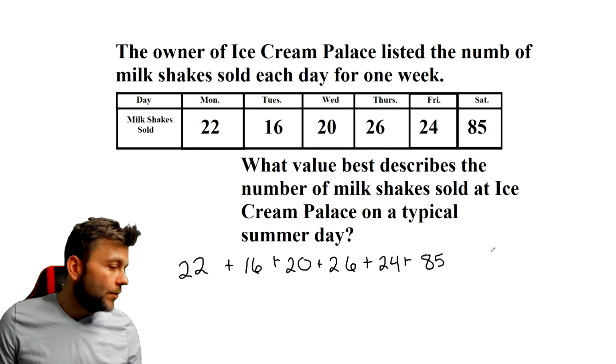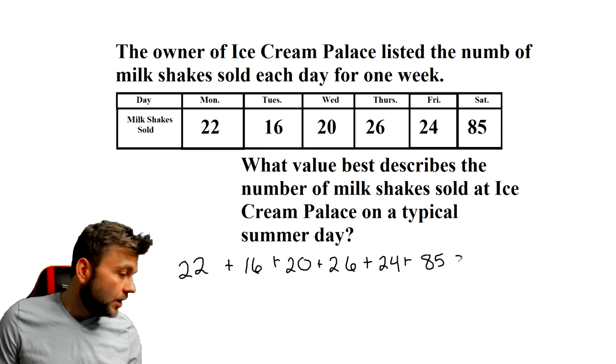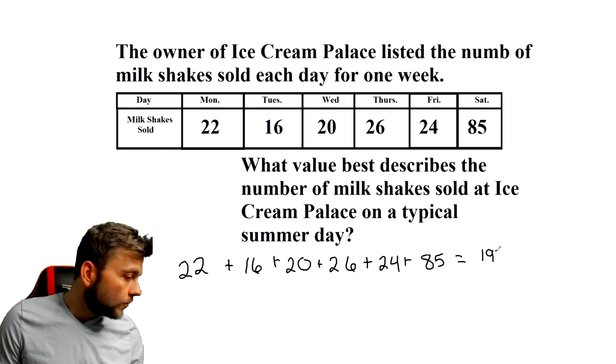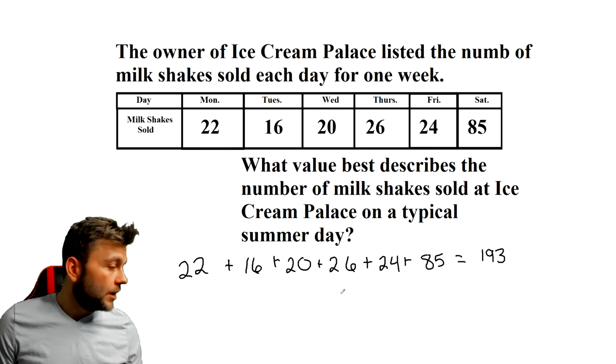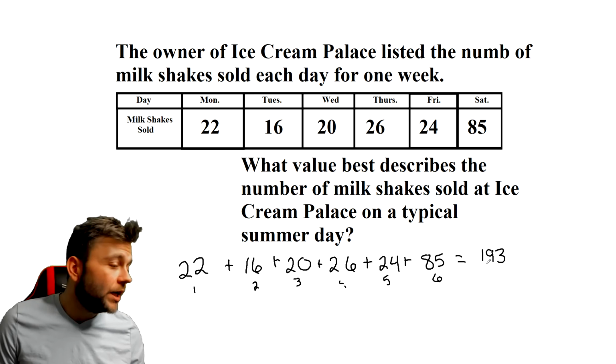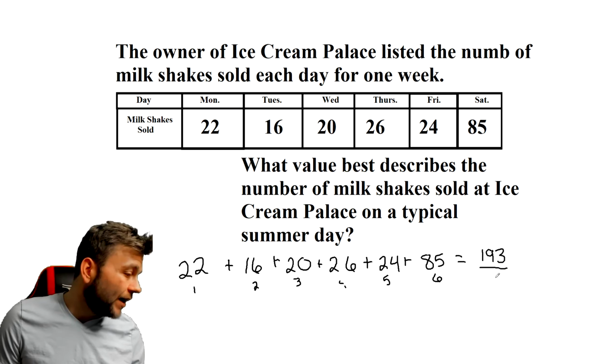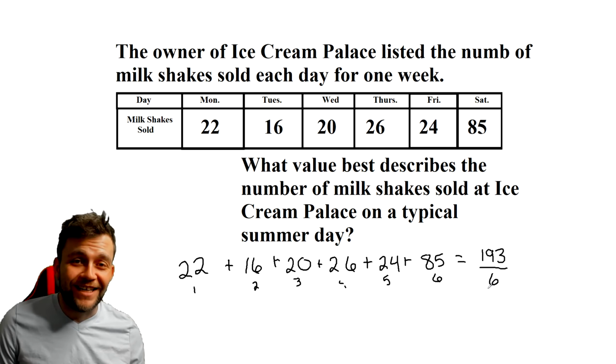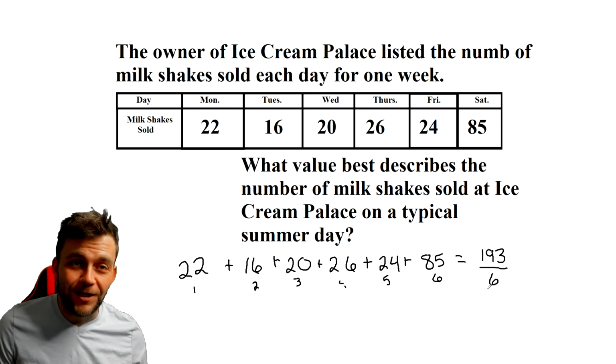So our top is 193. And how many values do we have? We have 1, 2, 3, 4, 5, 6. So we need to do 193 divided by 6. And give me 1 second. I actually need a calculator on this one.